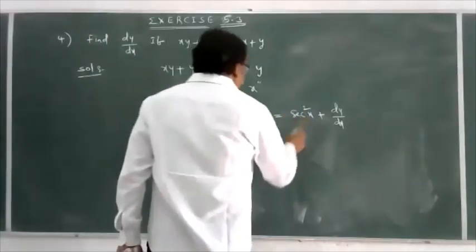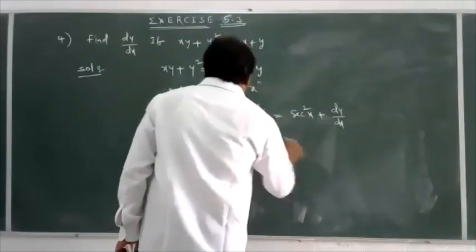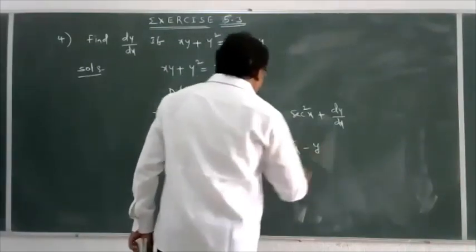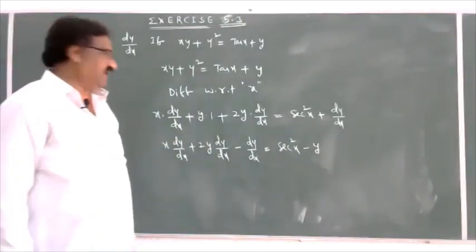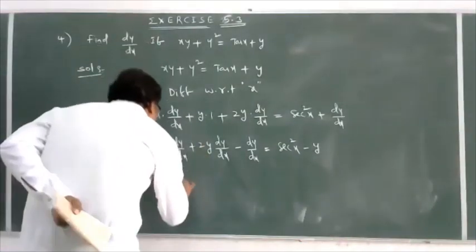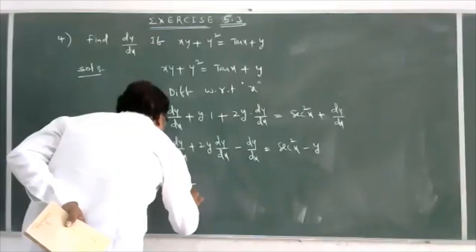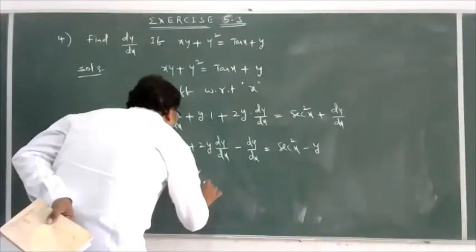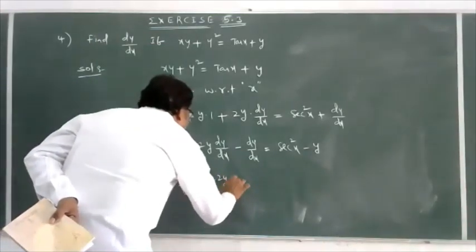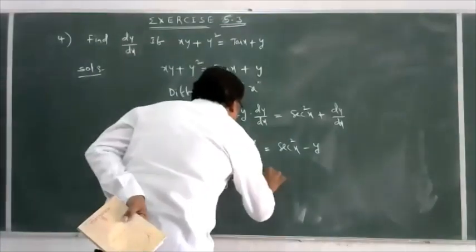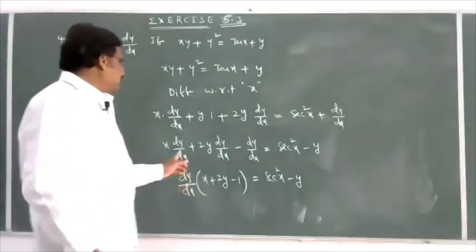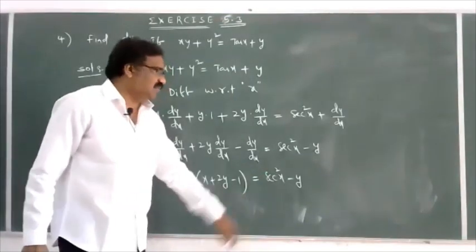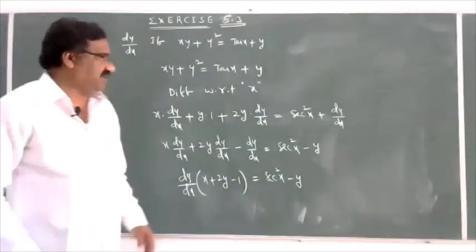That is here already secant square x, here minus y. You bring y into the RH side, that is secant square x minus y. Here you take dy by dx common. dy by dx into x plus 2y minus 1 is equal to secant square x minus y.